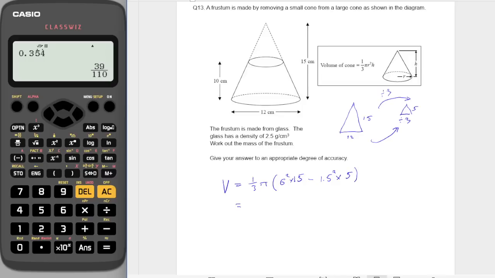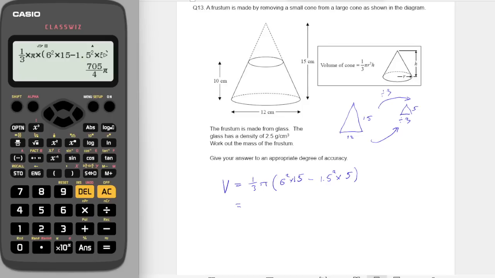So if we type this into our calculator, this should give it to us. So 1/3 times by pi times by 6 squared times by 15, minus 1.5 squared times by 5. So that should give us 705 over 4.